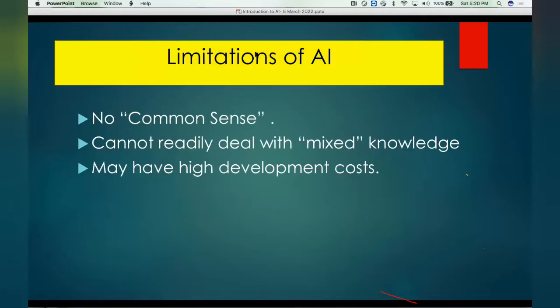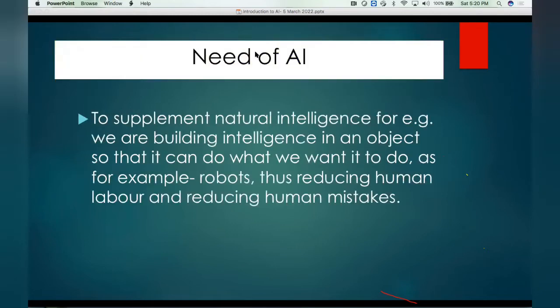It will analyze based on the inputs. It has no common sense and cannot readily deal with mixed knowledge. The initial cost when you are developing something may be very high. But it is required in the present time.